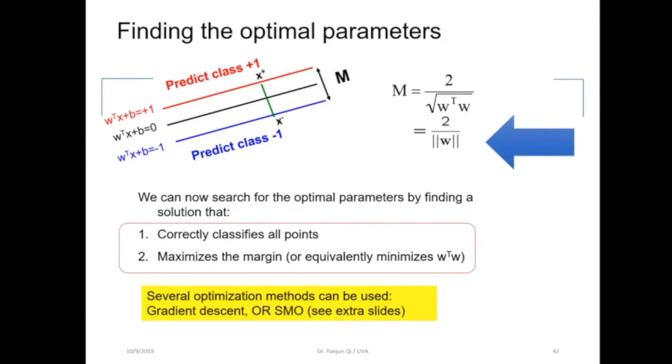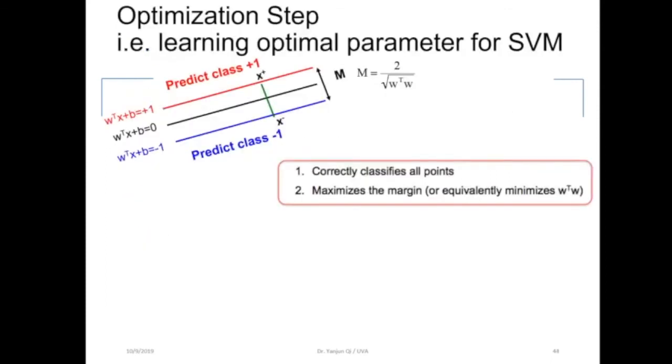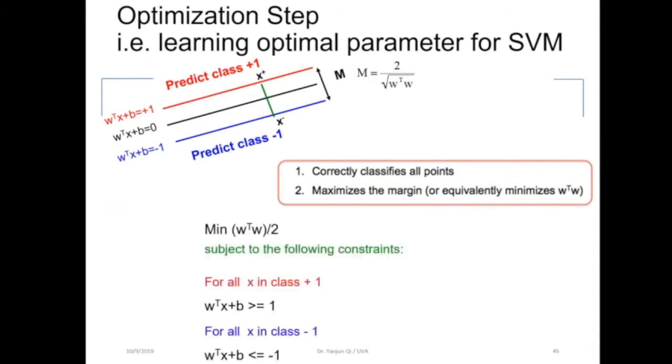So then how do you formulate this? So this is my objective. I'm minimizing W transpose W over 2. I'm subject to what? I want to classify all the points correctly. How do I know I classify all the training points correctly? This is the thing I can guarantee. For all the X in the class plus 1, I want to get a W and B to give me values all larger or equal to 1.